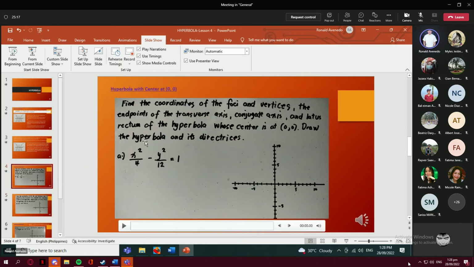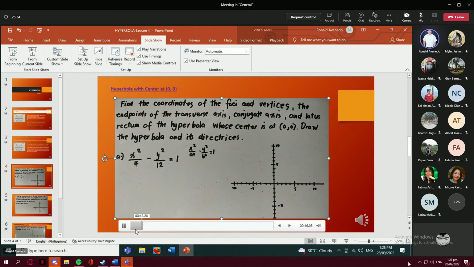I want you to take note of the arrangement of the numbers here. Denominator. So this is of the form, we're going to look at the squared, this one minus that there, x squared over 4 minus y squared over 12 is equal to 1. This is of the form x squared over a squared minus y squared over b squared is equal to 1.